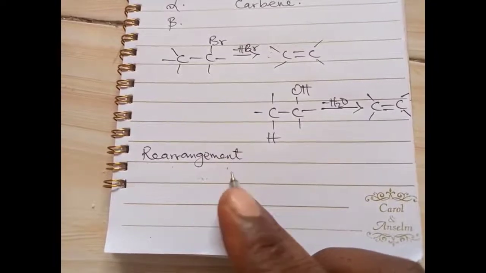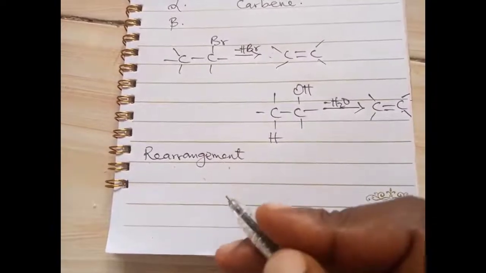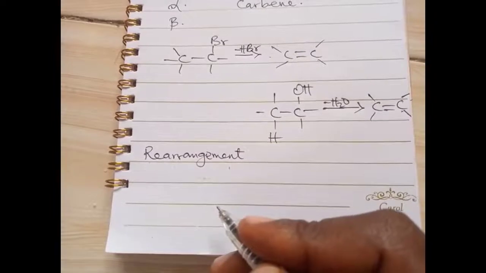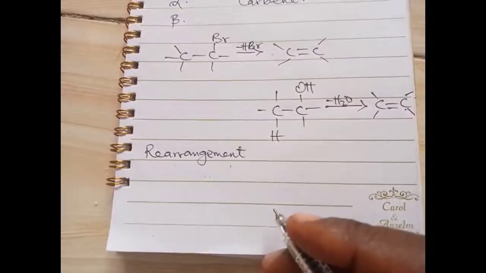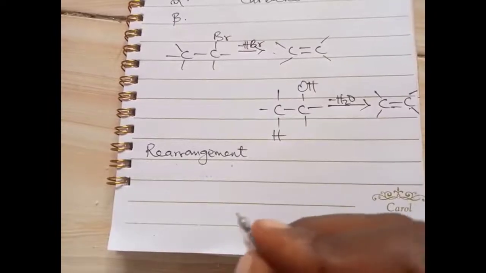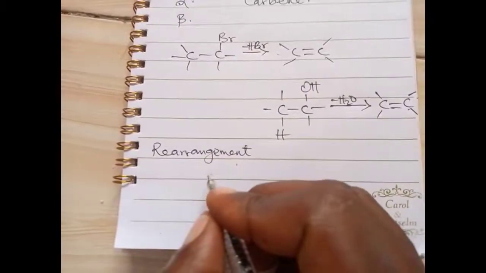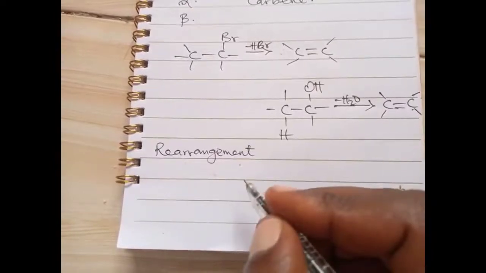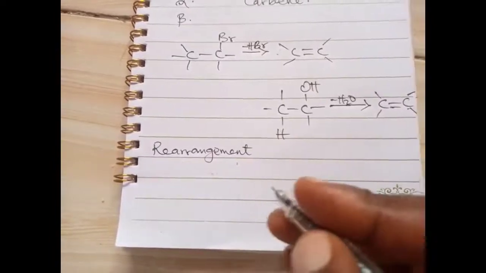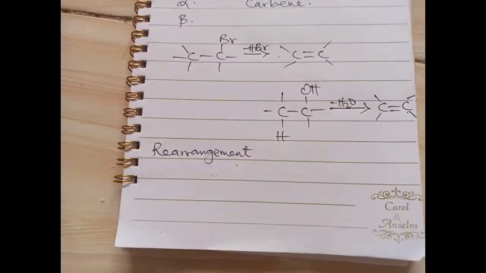Now, we can get this through intermediates that are essentially cations, anions, or even radicals. Also, one thing we need to know is that the most common ones that we know are those involving electron deficient species.